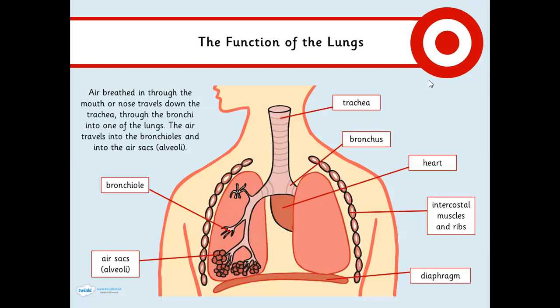Basic body parts. The way the air travels through is your nose, then it goes to something called the trachea, and then when it reaches here, it's called a bronchus. The air will go into these little creepy looking hands, and it's called the bronchiole.